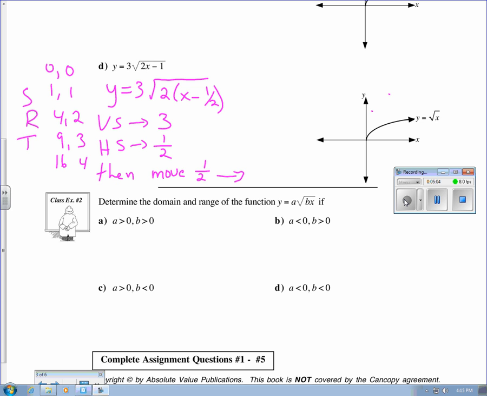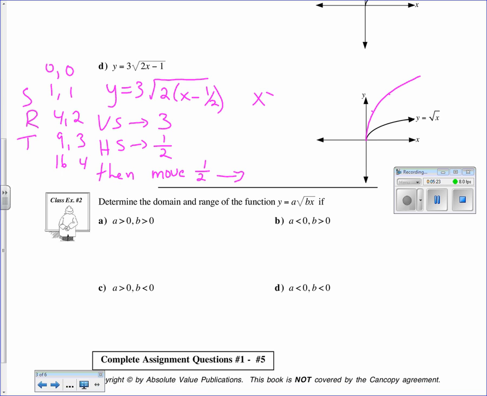And then I've got that horizontal shift of a half moving. So with the help of your calculator and some manipulation, let's sketch that graph. You can look at your table of values to help identify the domain and the range. x has to be greater than or equal to a half, and x is an element of the reals. y is still greater than or equal to 0, with y being an element of the reals.